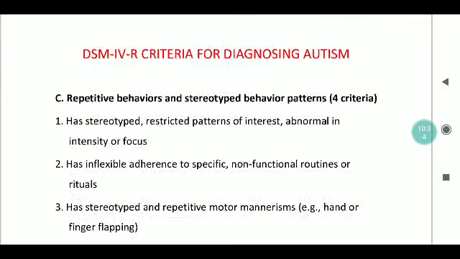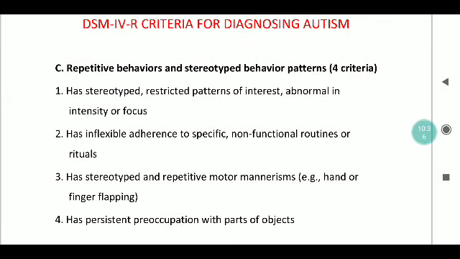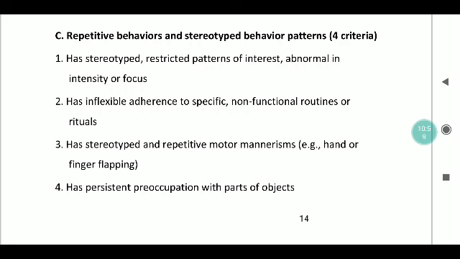Now, moving on to repetitive behaviors, like the example I mentioned of the car, we can consider that example as a very simple example to understand this. Stereotypical restricted patterns of interest, abnormal in intensity or focus, non-flexible adherence to specific non-functional routines or rituals, stereotypical and repetitive motor movements of the hand or finger flapping, and persistent preoccupation with parts of objects.